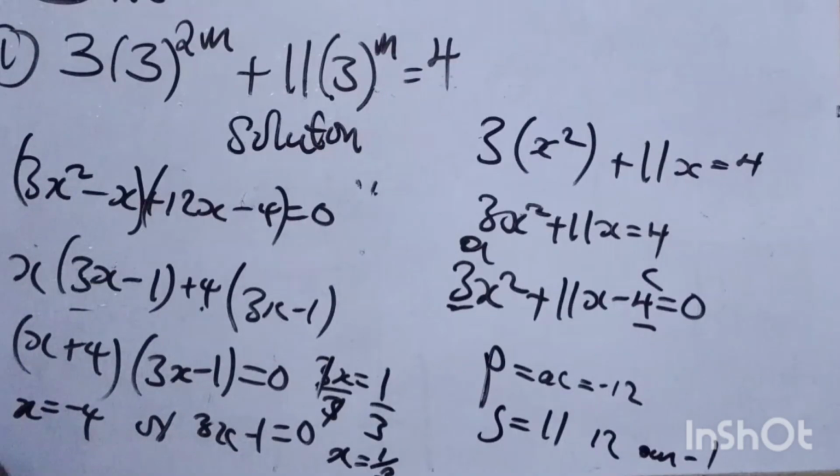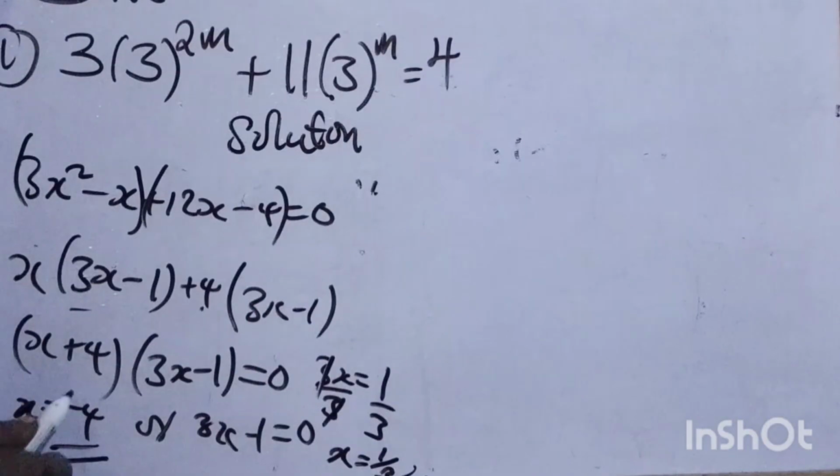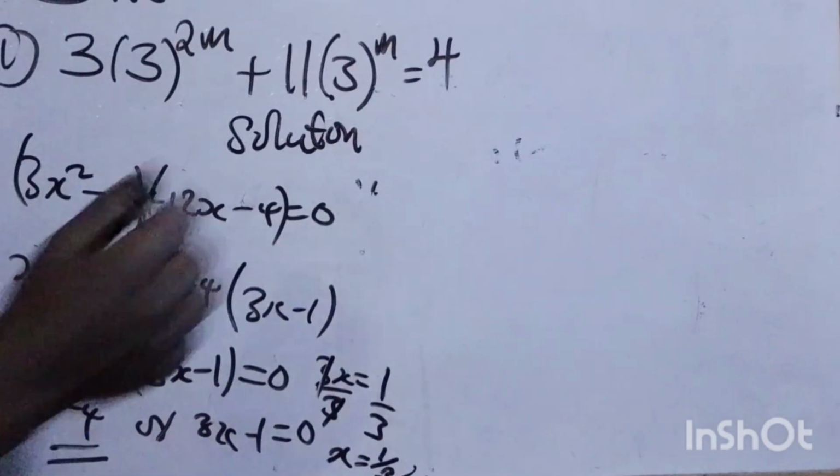The value should be positive, so instead of choosing minus 4, we choose 1 over 3, not a negative number.